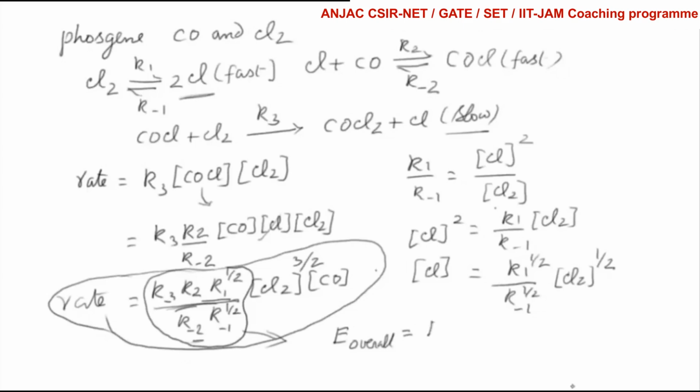E3 plus E2 plus 1 by 2 E1 minus E minus 2 minus 1 by 2 E minus 1. Yes, you are correct. Therefore, no necessity of going and deriving this. This is the shortcut. If any problem is asked like this, you can immediately tell the answer.